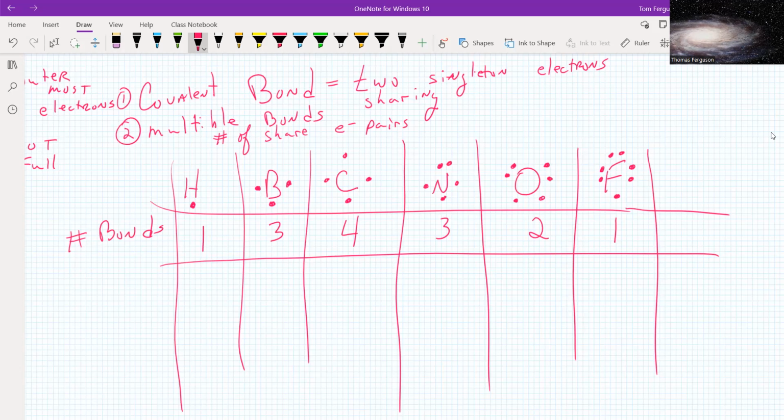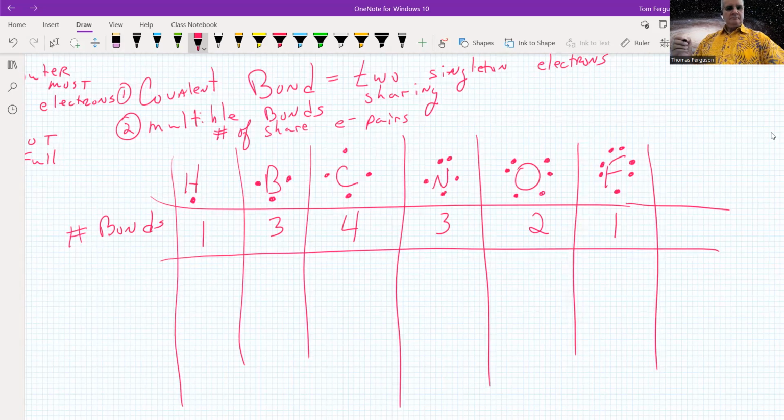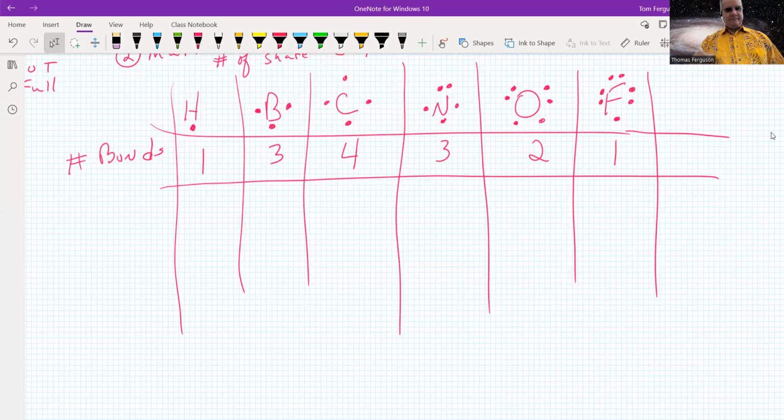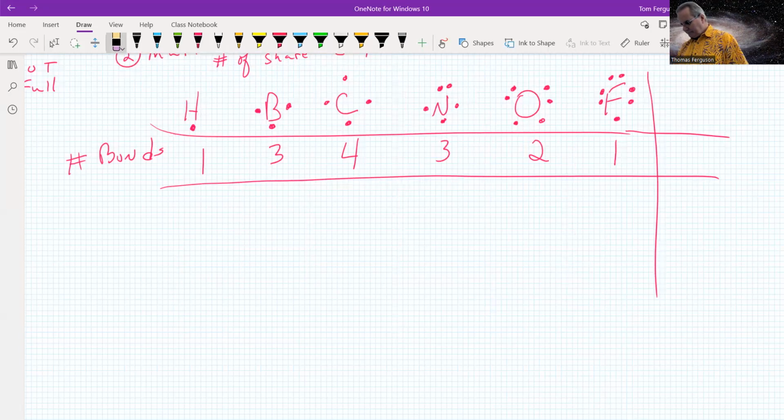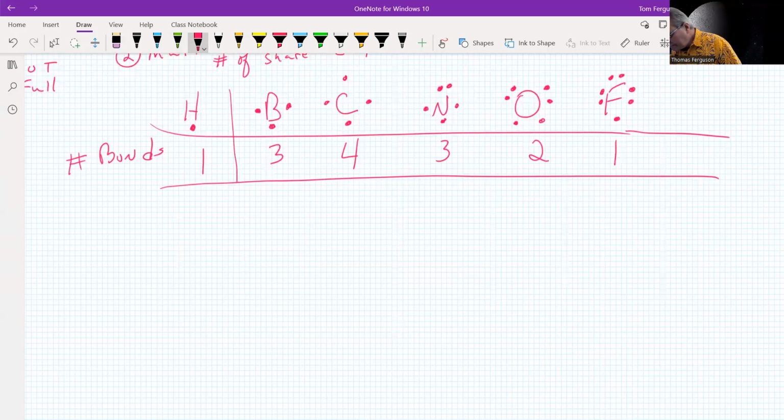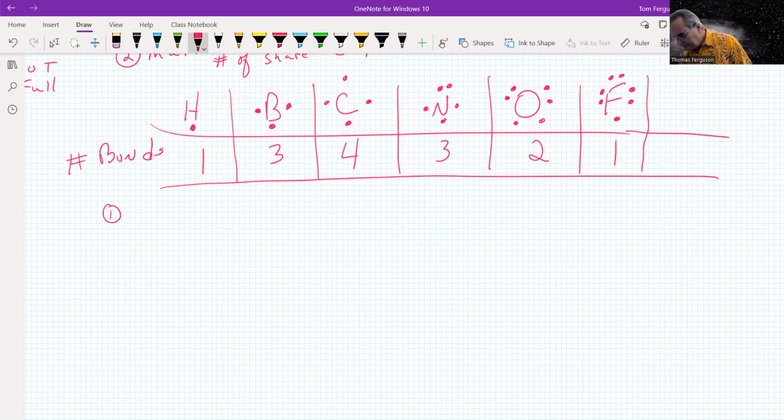Then it's a legal Lewis structure. Okay. So these are the rules to go by.